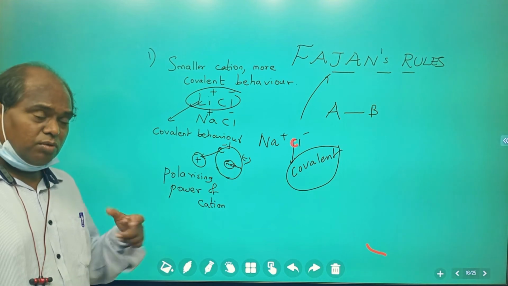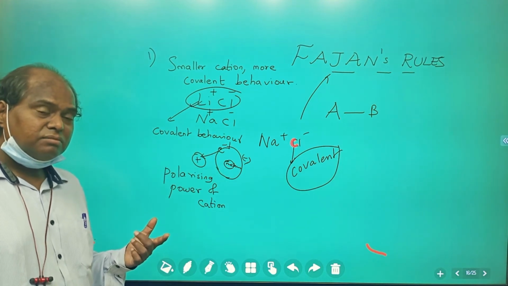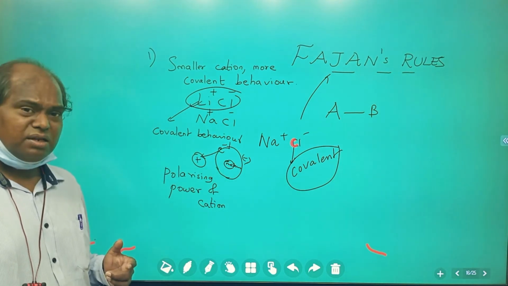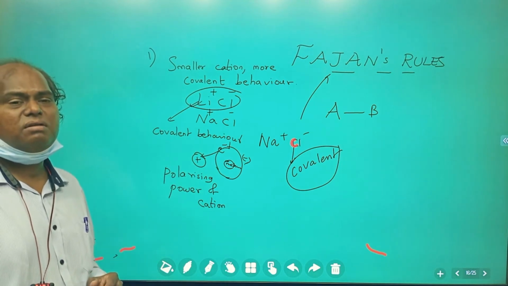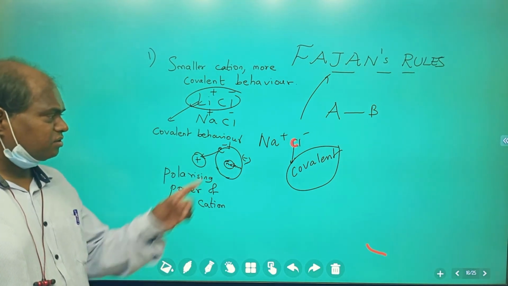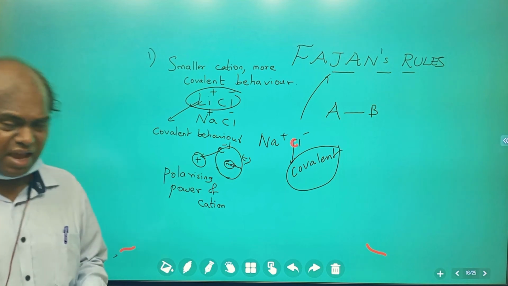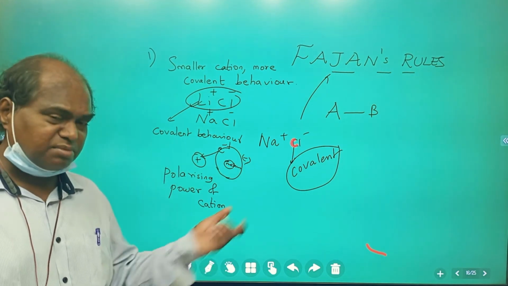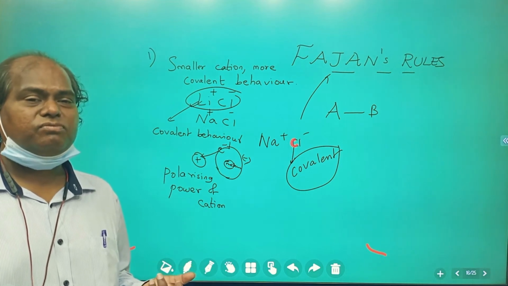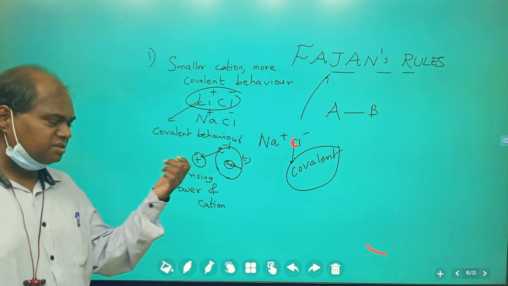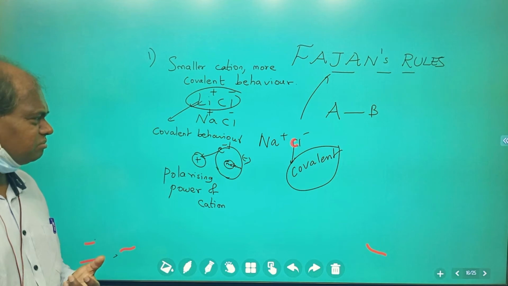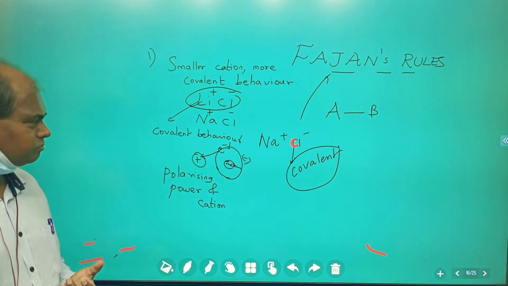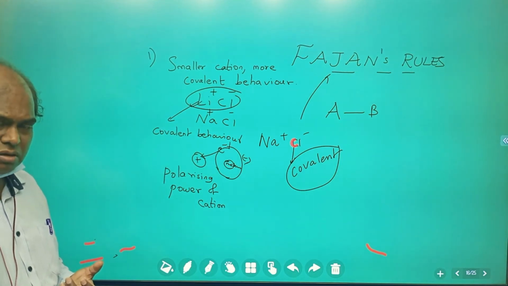Now the electron will be between the cation and the anion, and we get covalent behavior. The electron no longer belongs to the anion alone; the cation will also pull it. So you get some sharing, and some sharing means some covalent behavior.